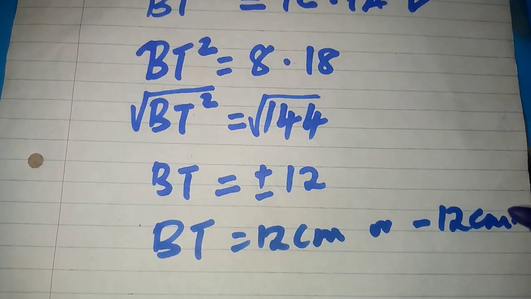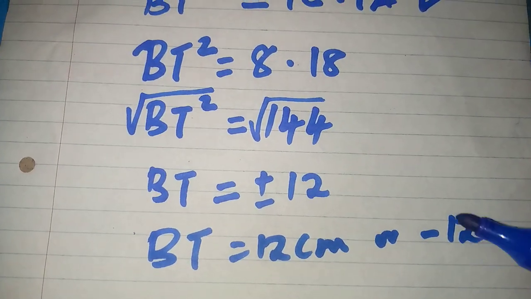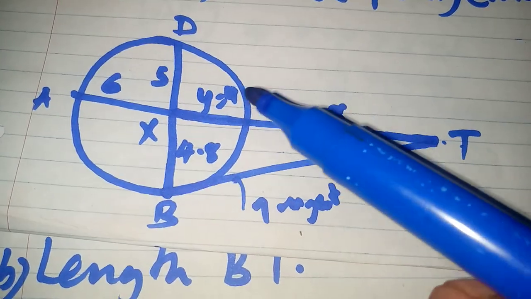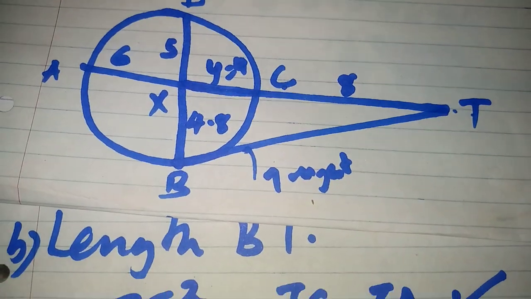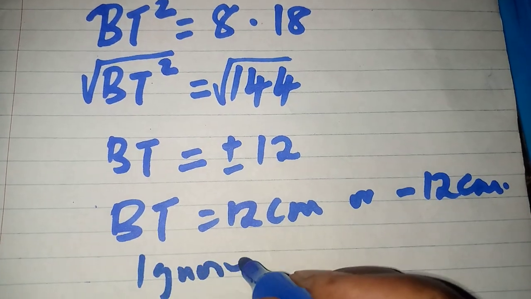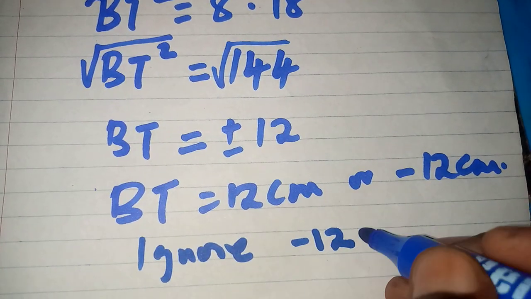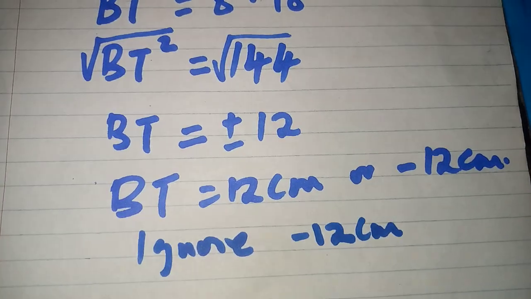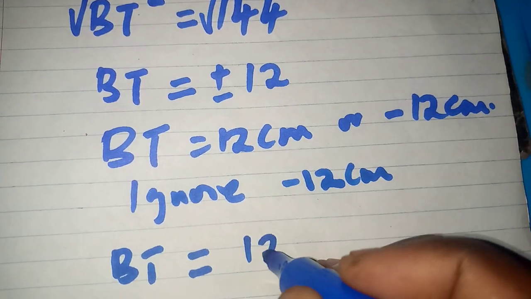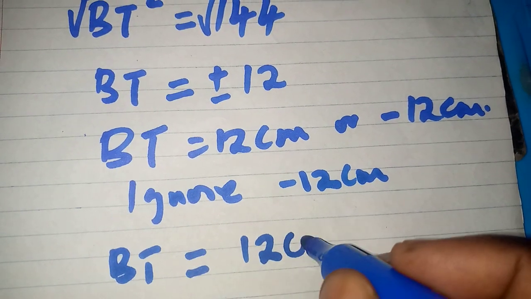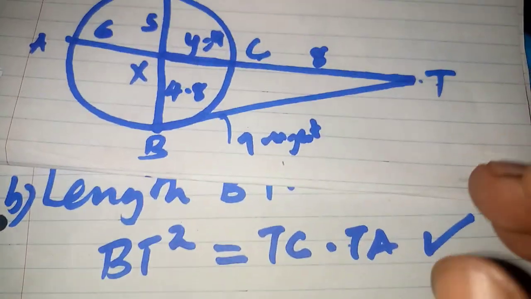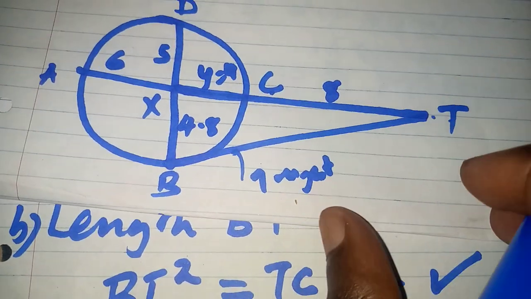But remember, we're going to ignore negative since we're dealing with real values. If you look at this diagram, we ignore negative 12 centimeters, and then my answer now becomes bt is 12 centimeters, which was the required length of my tangent.